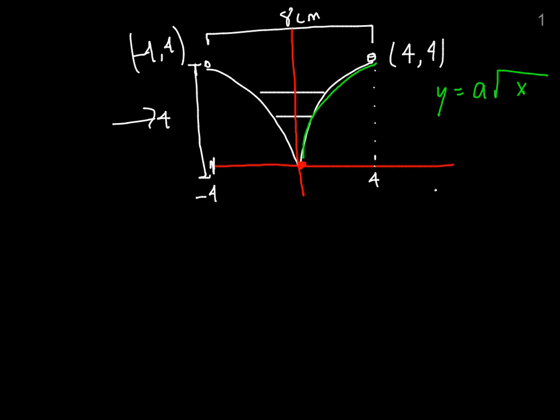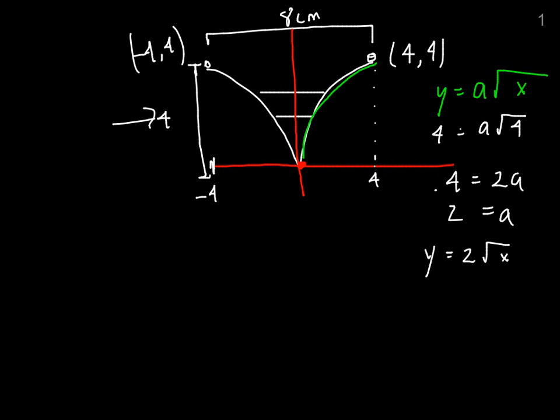Then all I have to do is plug in the values of a point, for example (4, 4), into my coordinates x and y, and solve for a. So I have 4 equals a times the square root of 4, which is basically 4 equals 2a, which means a equals 2. So now I know that my rule is y equals 2 root x.